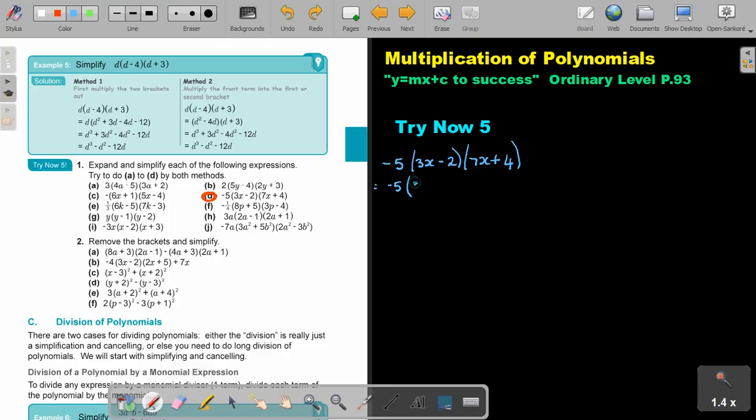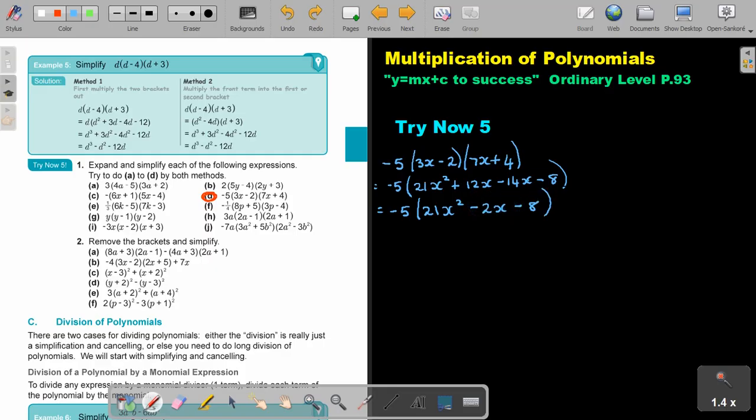So it's going to be 21x squared plus 12x minus 14x minus 8. Now I can multiply it in, or I can first add my like terms. I think I'm going to do that. It makes a little bit less multiplying. So it's x squared times this, which is going to be -2x minus 8.